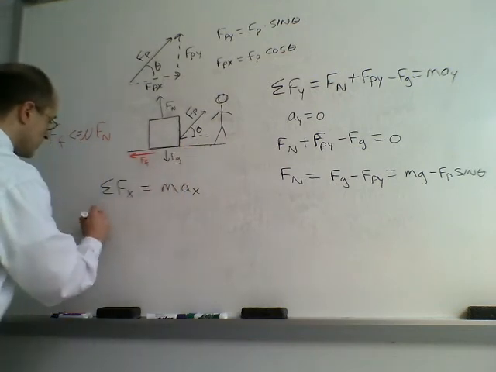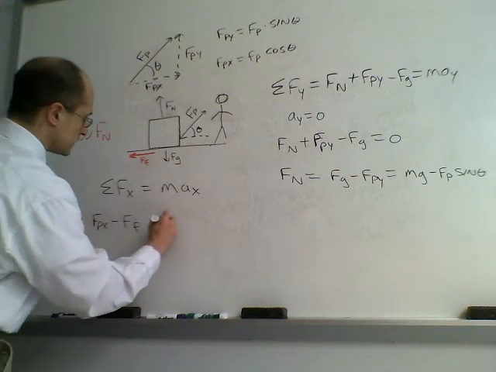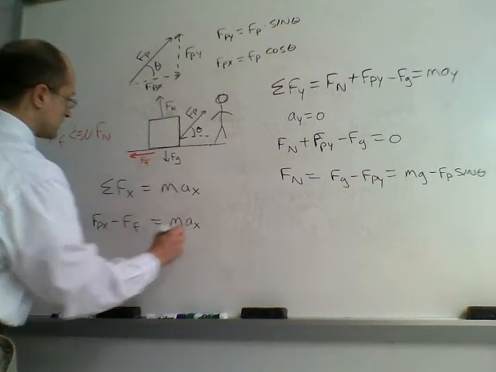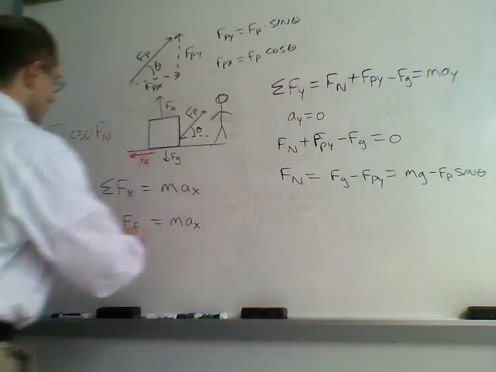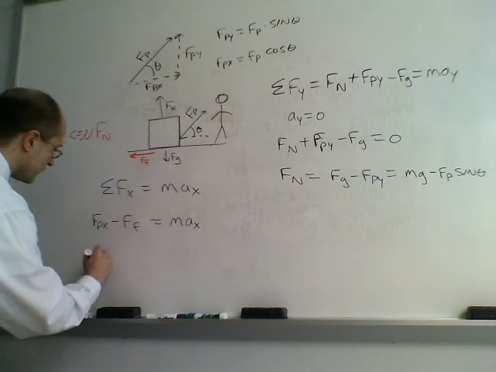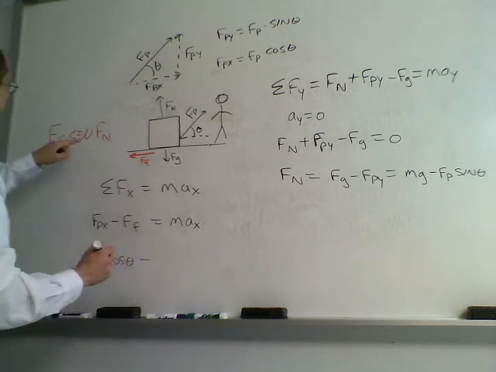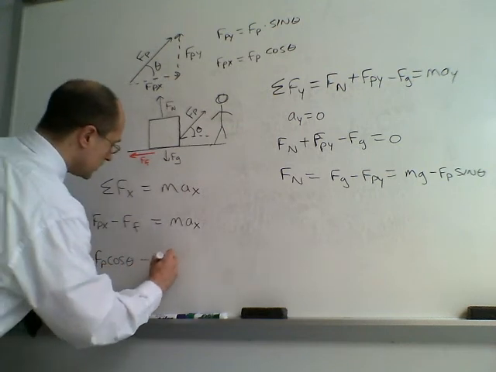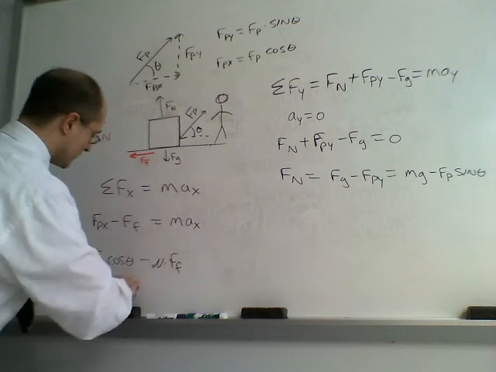We have two forces: the force of the pull in the x minus the frictional force is equal to max. So we again have the force of the pull times the cosine of theta minus mu times the normal force.